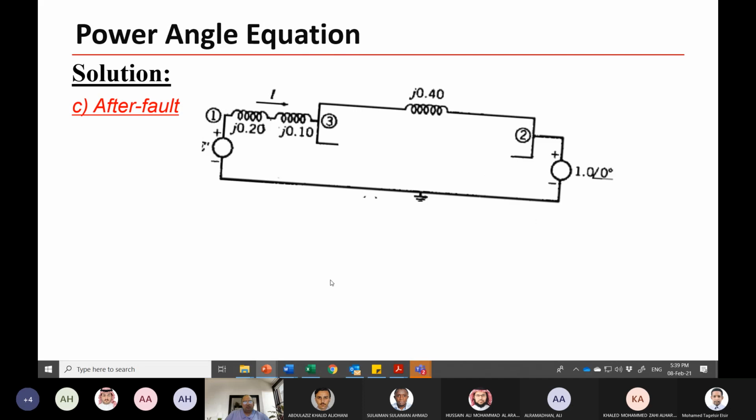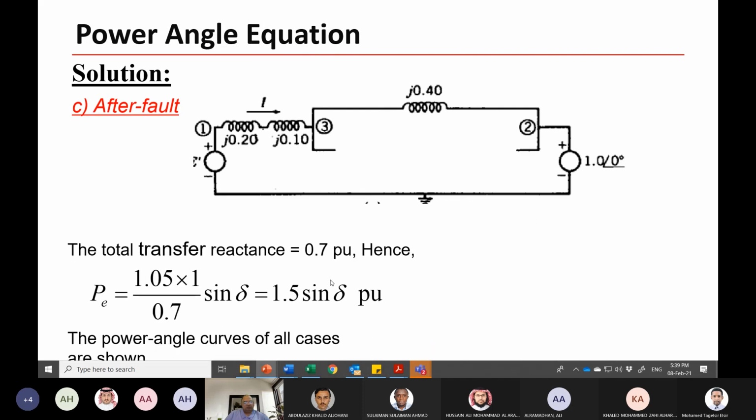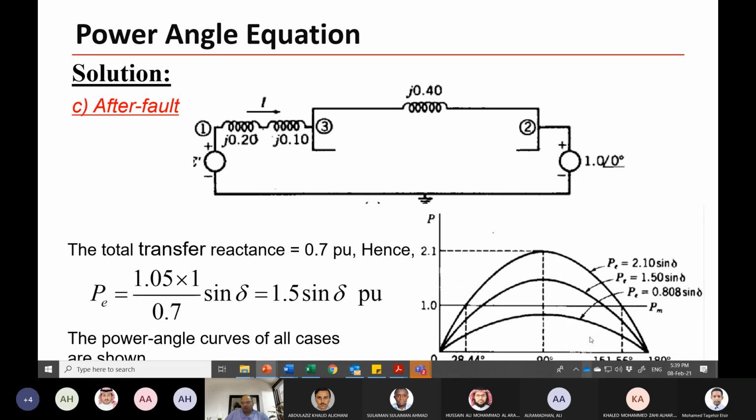For after fault, this line is off, so we can easily get the transfer reactance between this, and the power angle will be as such. So these are the power angle curves during fault, post-fault, and pre-fault.